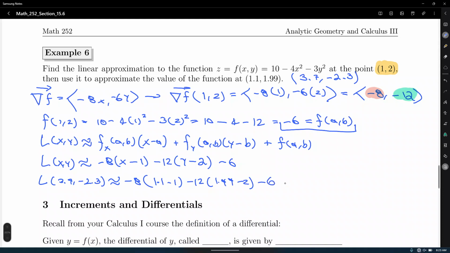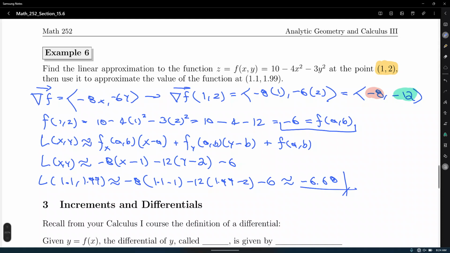And after simplifying all this, that should give us approximately negative 6.68. Yes, that's the example I made up, right? The what if, right? No, that's 1.1, 1.99. Thank you. So that's what they're going to give us. Of course, if you want to obtain the exact value, just evaluate at 1.1 and at 1.99 for x and y respectively in the original function.